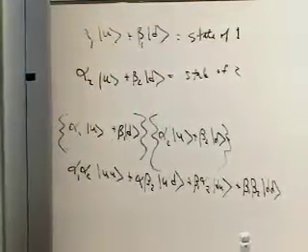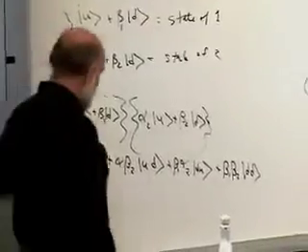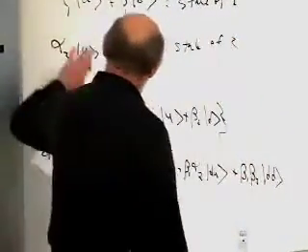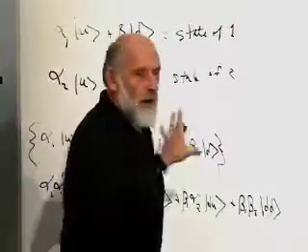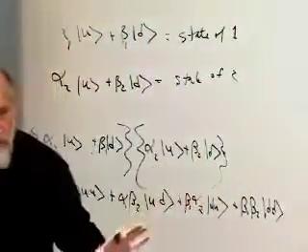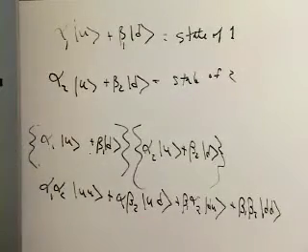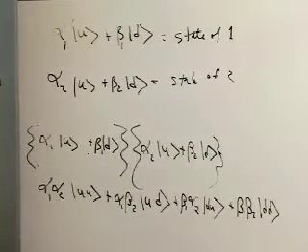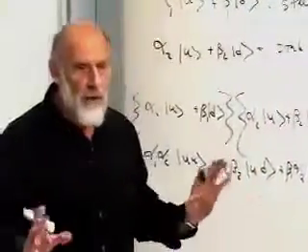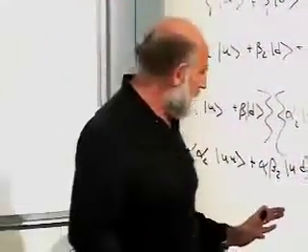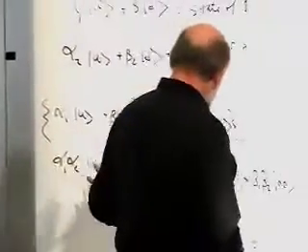This two-electron state, which was obtained by combining two one-electron states, corresponds to a state in which each electron has comfortably been placed in its own state, sort of independently. That's what this is.